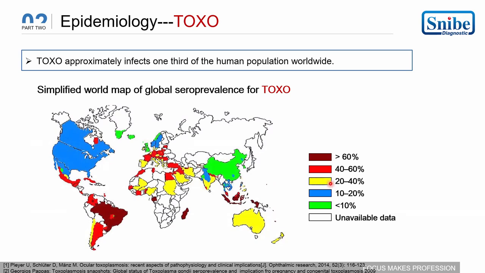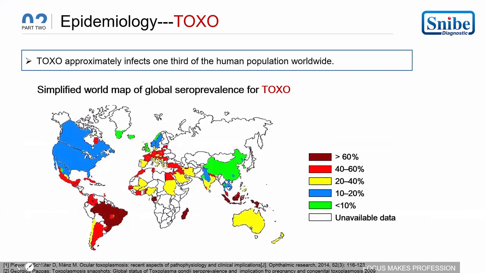But the prevalence of toxo between 40 to 60% is in countries like Iraq, Turkey, Jordan and Egypt, and countries like Ukraine, Poland, Germany, Romania and some parts of France have a 20 to 40% prevalence of toxo infection in their population.